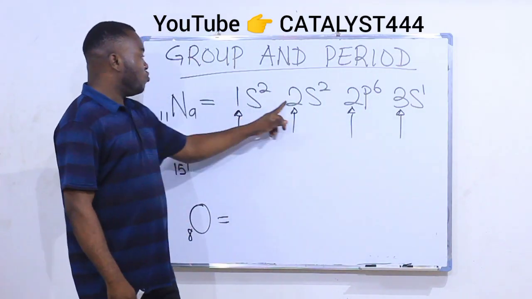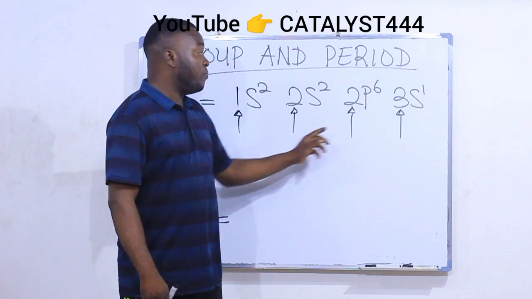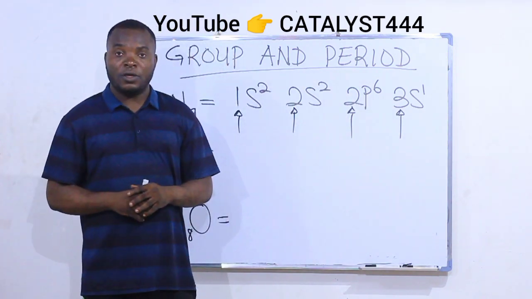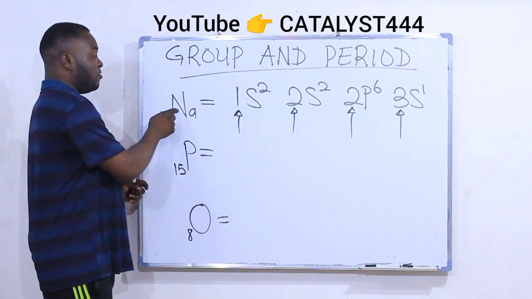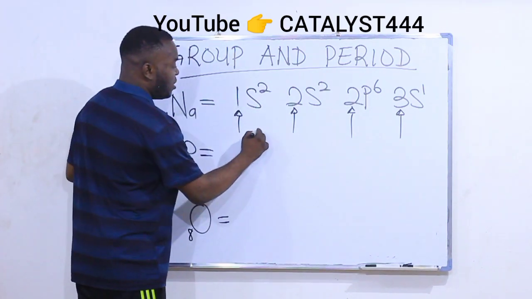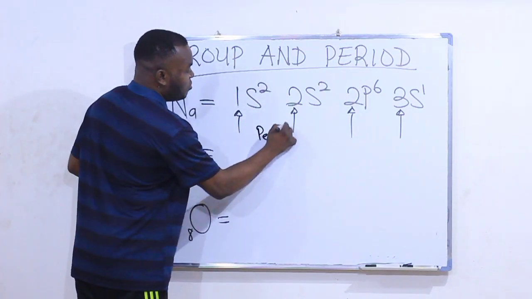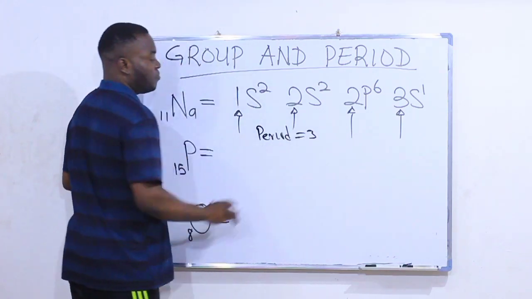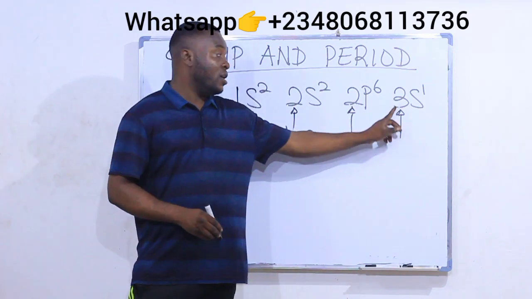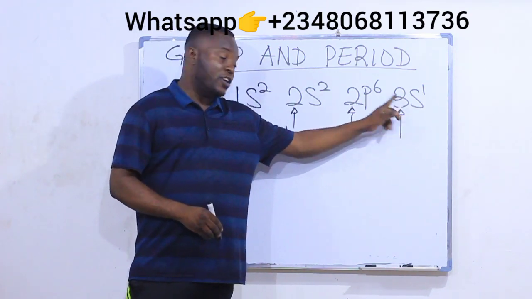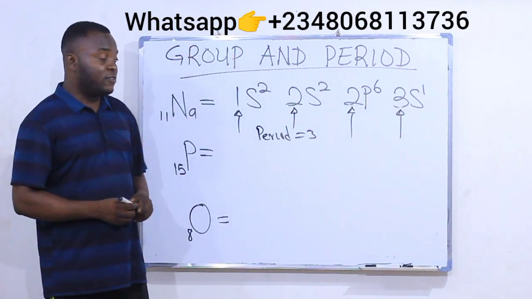I have 1, 2, 2, 3. Among all of them, 3 is the maximum. Because 3 is the maximum, it simply means that this element, sodium, is in period 3. Remember, among all the coefficients in the configuration, the highest coefficient tells you the period of the element.